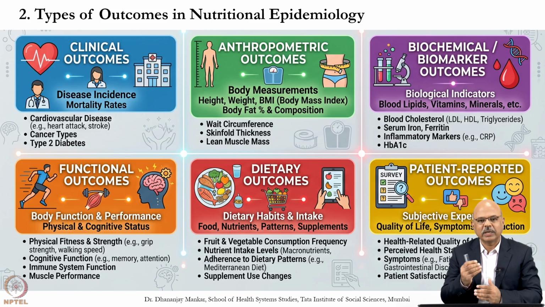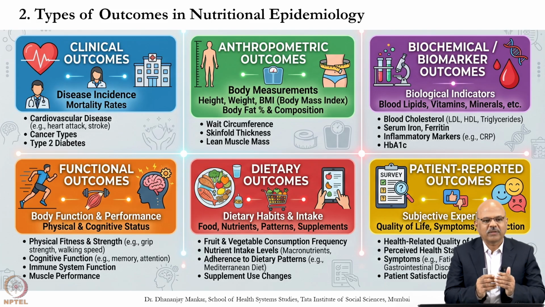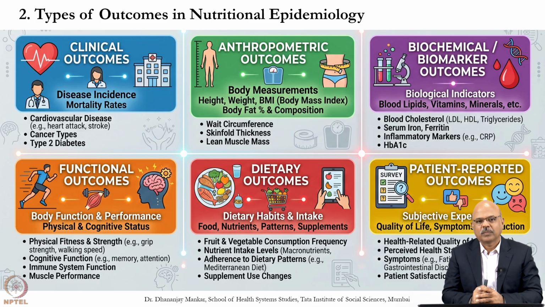Take clinical outcomes, which are very important for any healthcare institution and healthcare provider: disease incidence and mortality rate, like cardiovascular disease, for example heart attack, stroke, MI, cancer of different types, or even type 2 diabetes. So clinical outcomes are indicators of disease incidence and mortality rates.